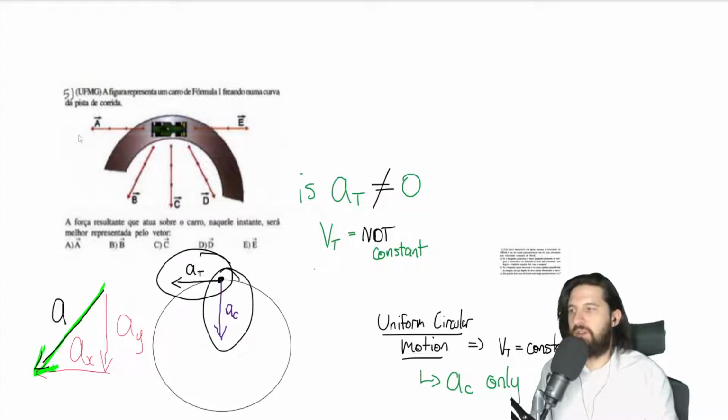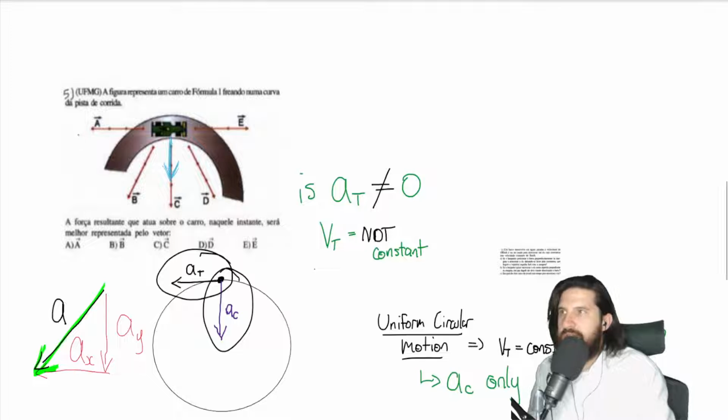Right? So there is a vector that's pulling me in the direction of the circle. And then there's a vector that is slowing me down. Right? And so I will be pushed down and to the left. Right?